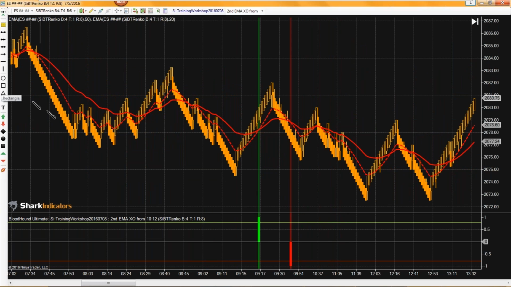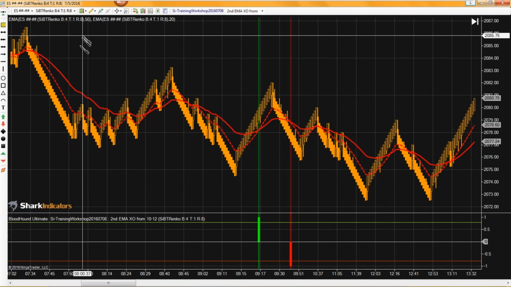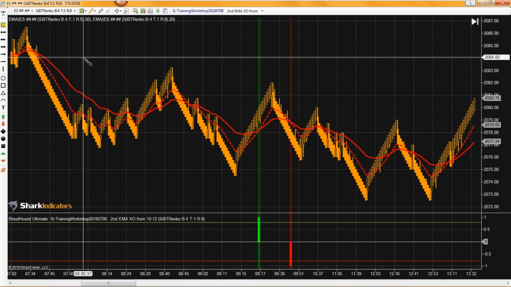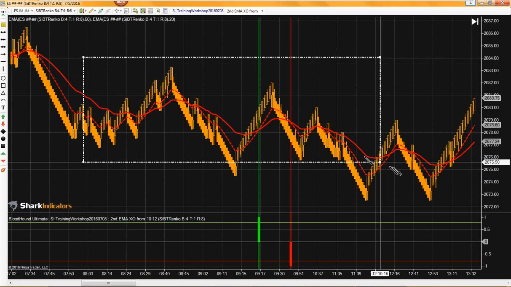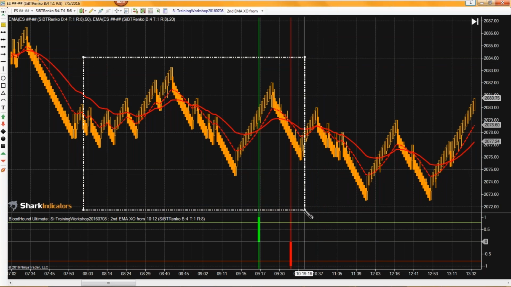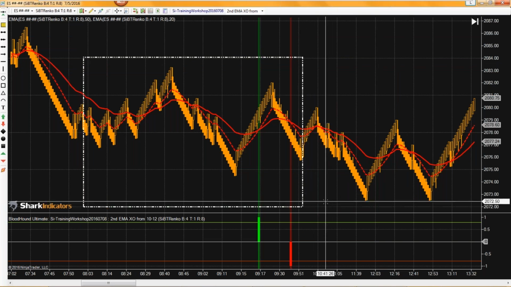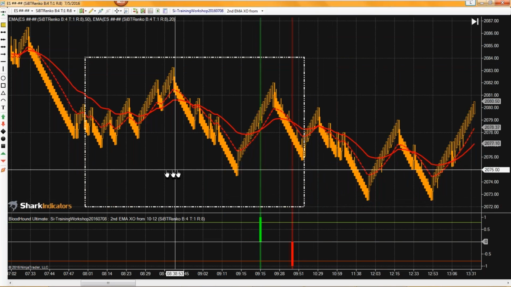I'm going to draw another rectangle here. There we go. And I've got to find that 10 o'clock bar. There we go. Roughly right there. Okay, so there's our 2-hour window.